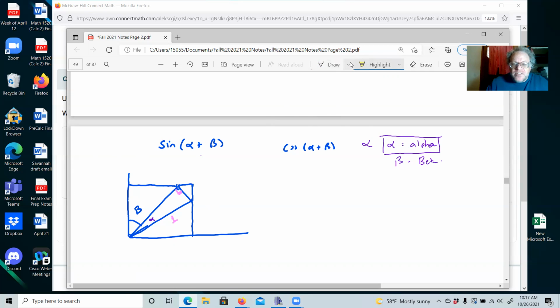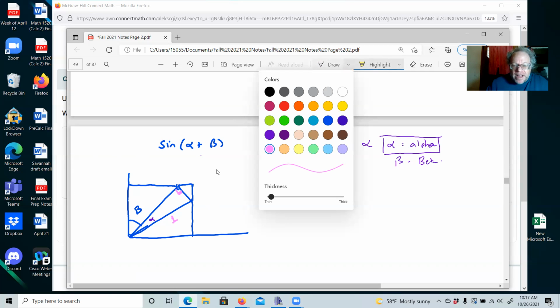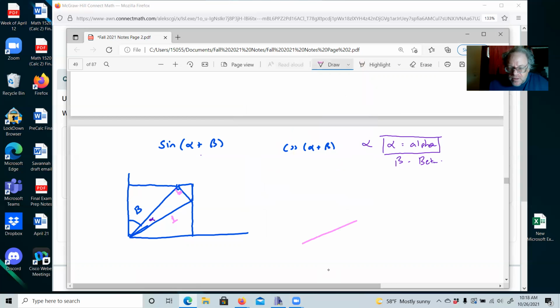So if I just take this triangle out, this one right here, let's go with a pink hypotenuse.